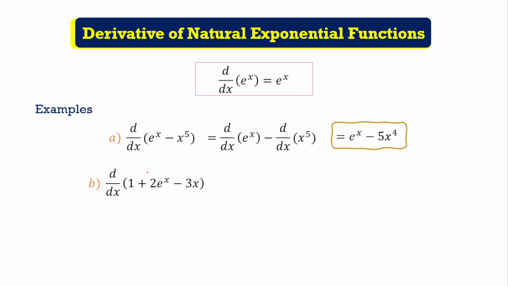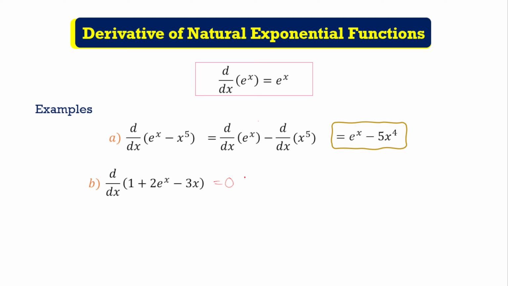Another example, we have this trinomial expression, the derivative of 1 plus 2 e raised to x minus 3x. All we can do is use one of the basic differentiation rules, the sum and difference rules. So get the derivative of 1. The derivative of 1 is 0.